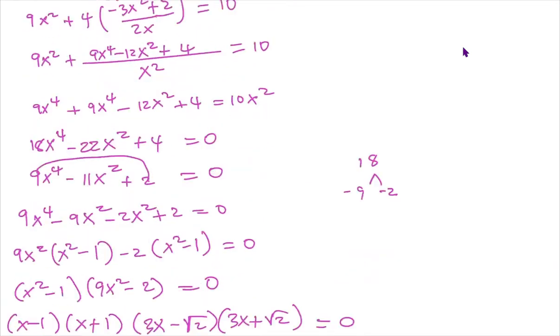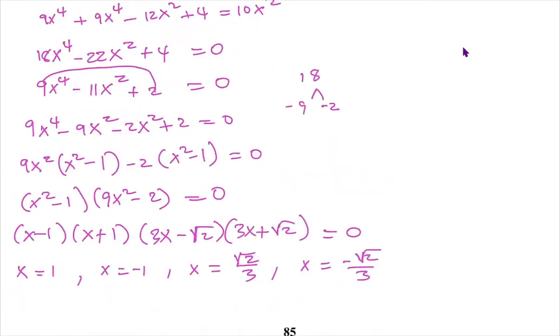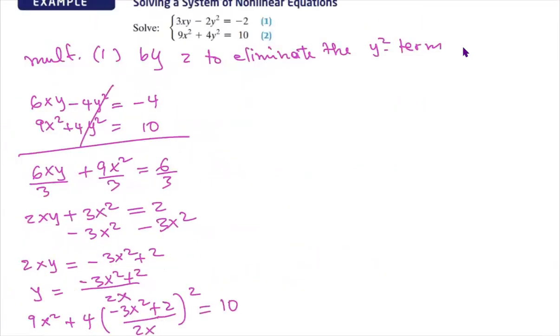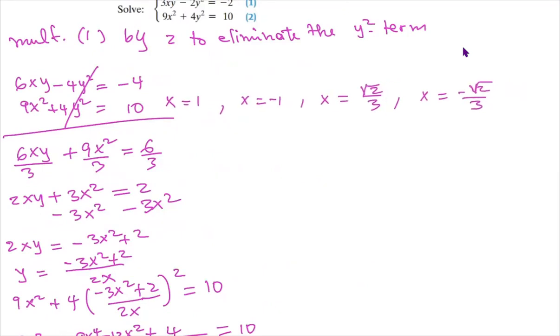Let me go ahead and replace them for you. So let me bring my x's up here, and then we're going to work the solution for the y's. So when x equals, we're going to take the x separately, right?